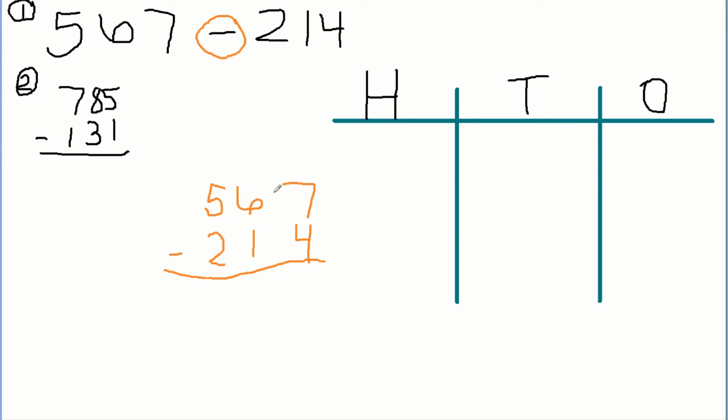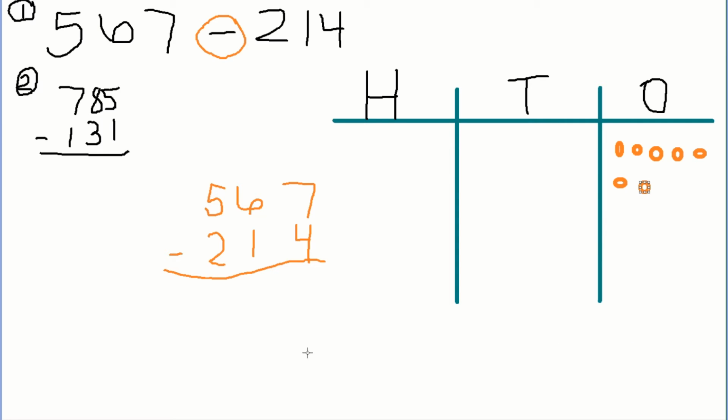First things first, let's put it on our HTO chart so we can get a better understanding of what is happening. Starting with our ones, it says 7 ones. So 1, 2, 3, 4, 5, 6, 7.